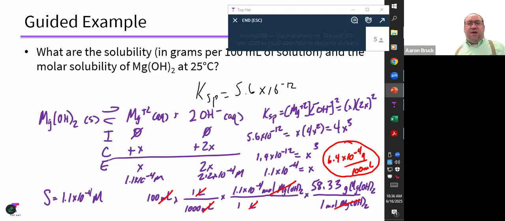This is also why magnesium hydroxide is kind of on the fence. If you do the calculations here, you look at it and go, I don't know, that pH is not terribly significant or impressive. You're talking about something that's just over 10, for a saturated solution of magnesium hydroxide.